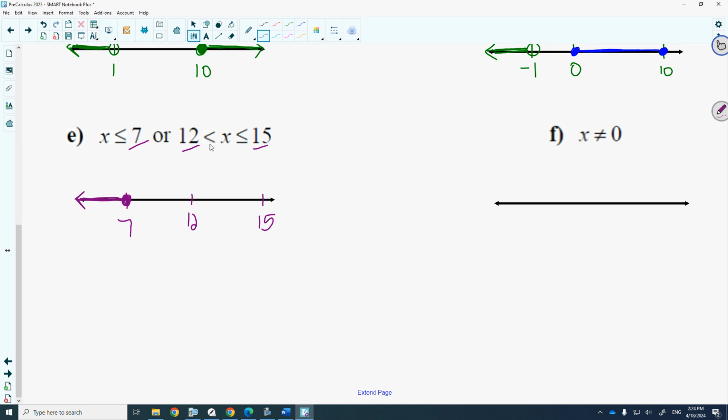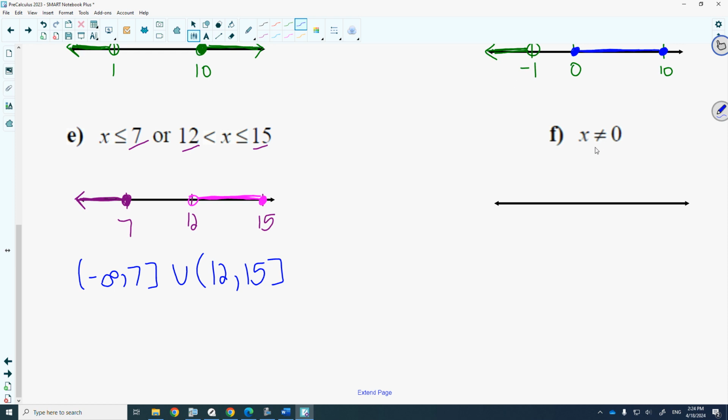There's no equal to here. So I would have 15 as a closed circle and 12 as an open circle. And then I would have all solutions less than or equal to 15 and greater than 12. Okay, so the solution set would be negative infinity to 7, square bracket, union, round bracket, 12 to 15, square bracket.